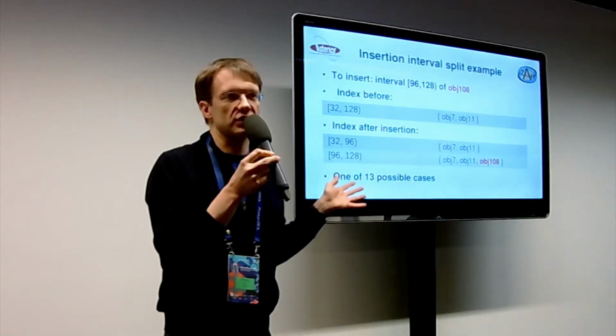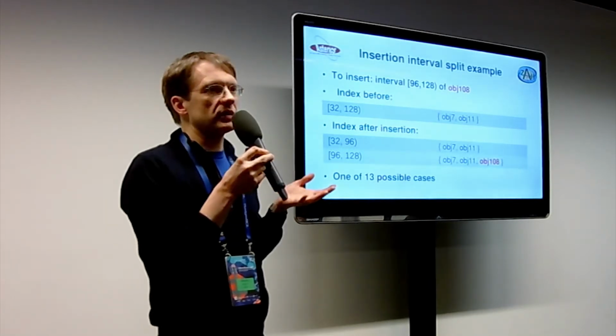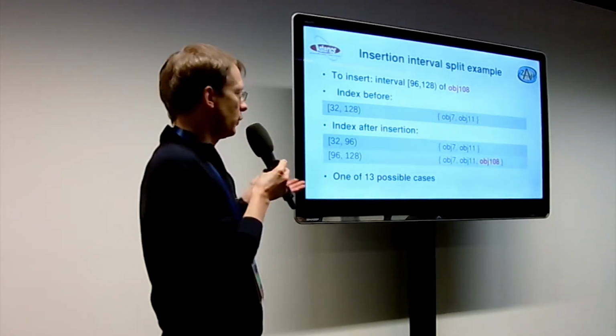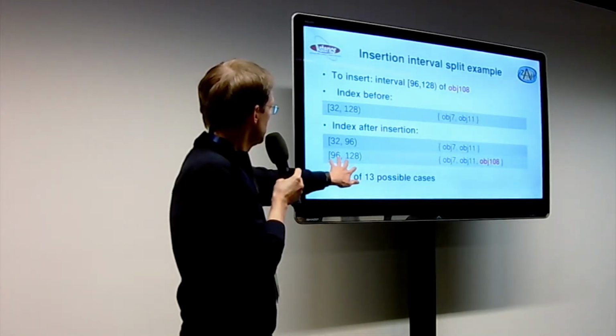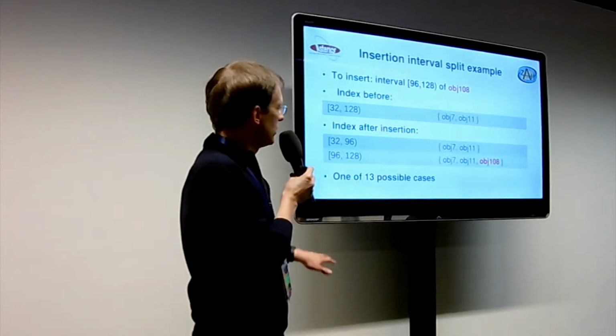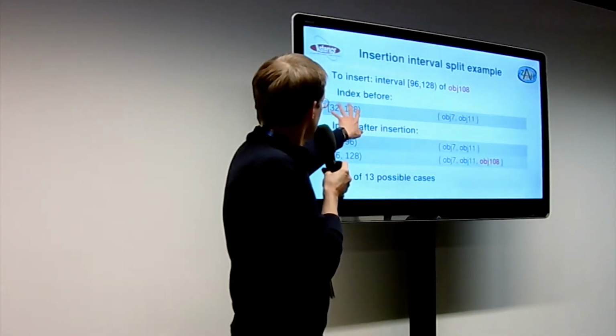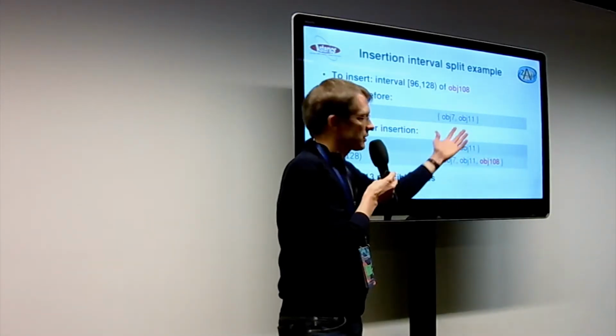So this first interval has to be modified, which is normally not done, of course, in inverted indexes, but if they are sorted, this is possible. And the second interval has to be inserted, and also because the interval before covers this space, the objects from there must be copied.